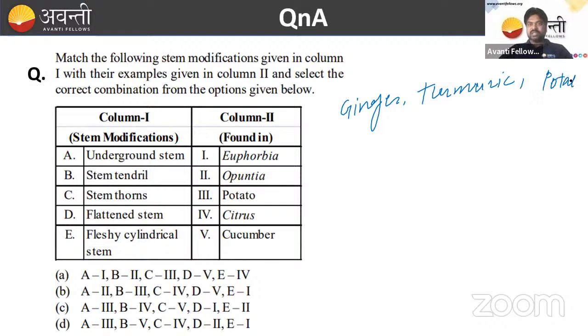These are some examples for the underground stem. Next, about stem tendril. We already discussed it, and cucumber is one example of stem tendril.